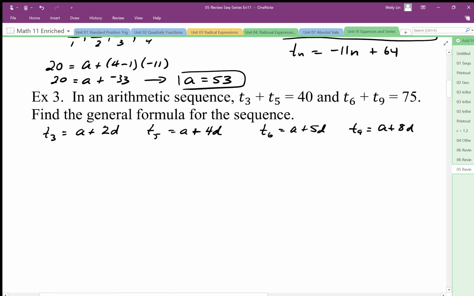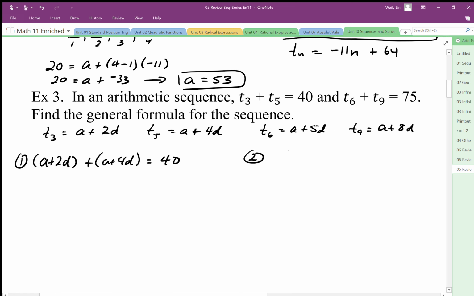So T3 plus T5 I could rewrite as A plus 2d plus A plus 4d equals 40. There's equation 1. For equation 2, I can do the same thing using T6 and T9: A plus 5d plus A plus 8d equals 75.